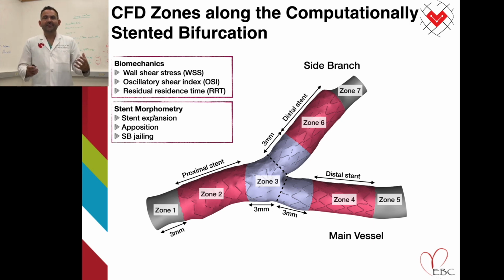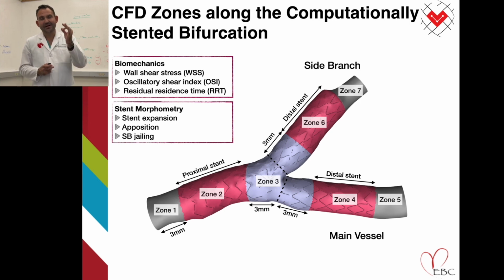This way, we have the opportunity to compare head-to-head different bifurcation techniques in the same bifurcation geometry in the same particular zone. And this information is very important because it can give us the opportunity to identify the stenting technique that gives us the best, most favorable performance in an individual bifurcation anatomy.